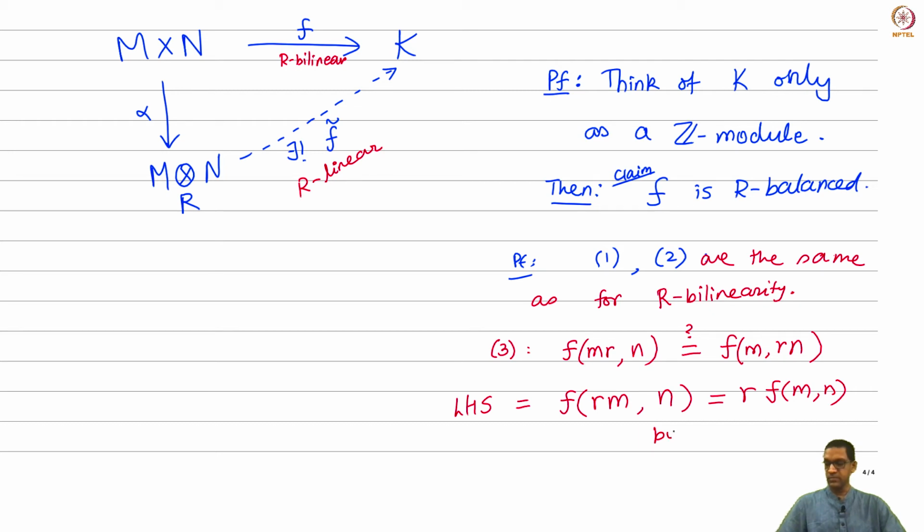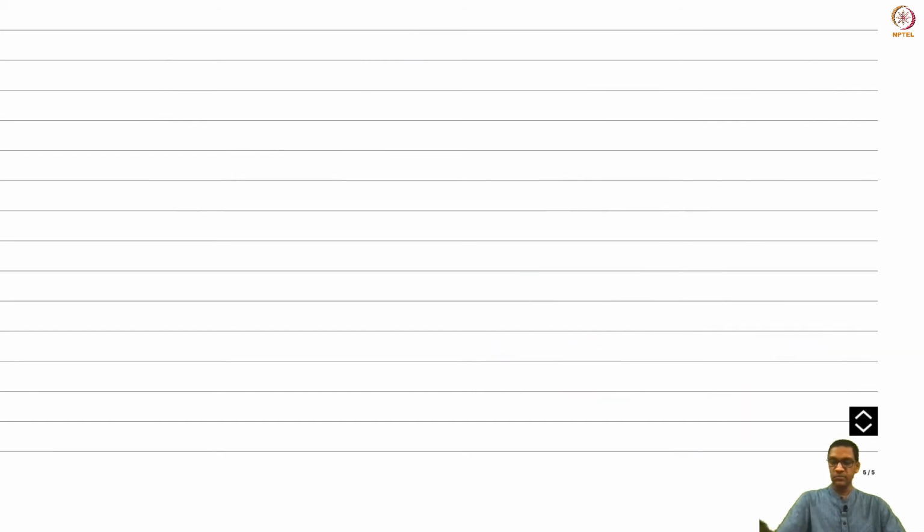So the last step is because f is bilinear, by R bilinearity of f. Okay, now let's compute the right hand side similarly. The right hand side is f of (m, rn), but then by bilinearity I know that I can pull the r out.